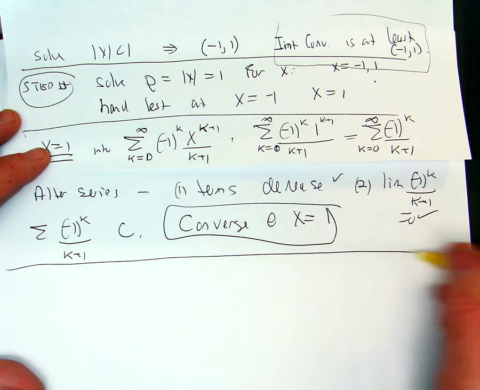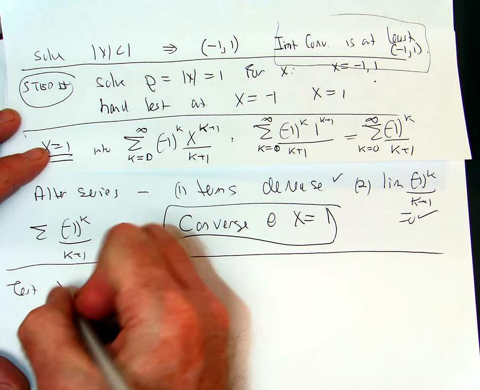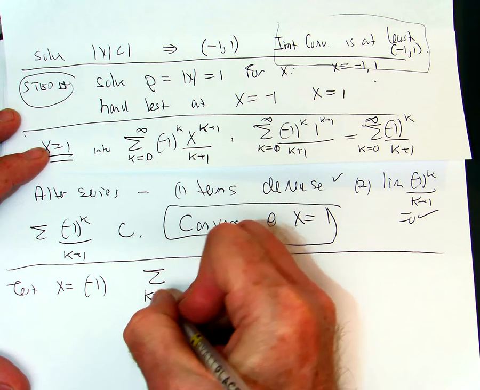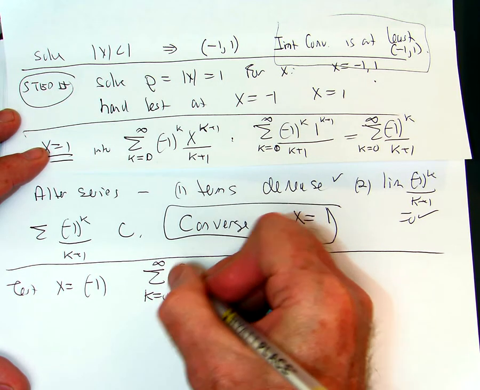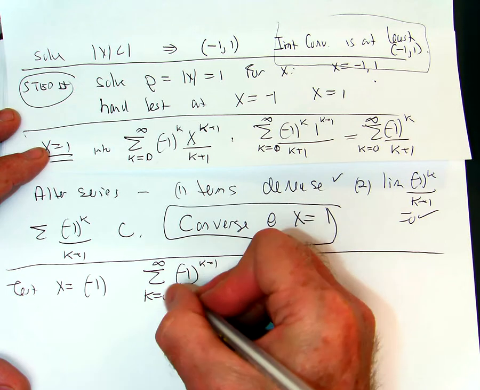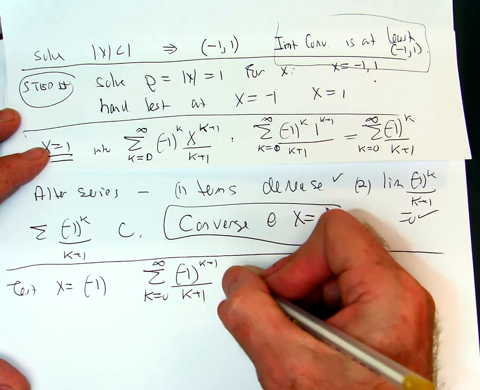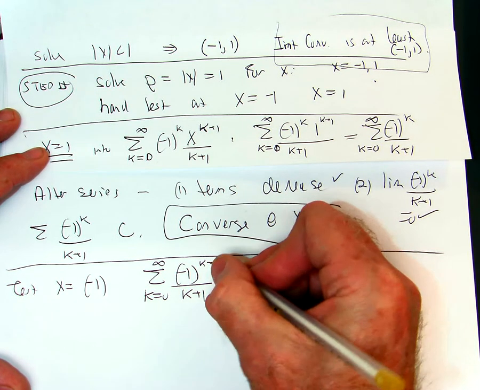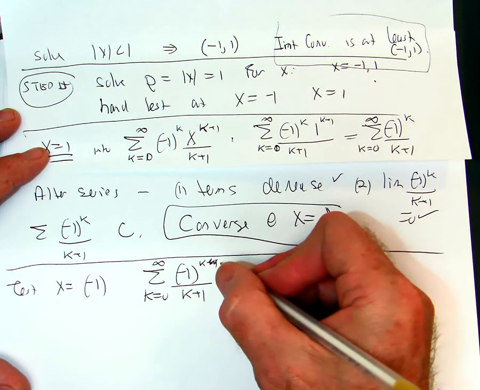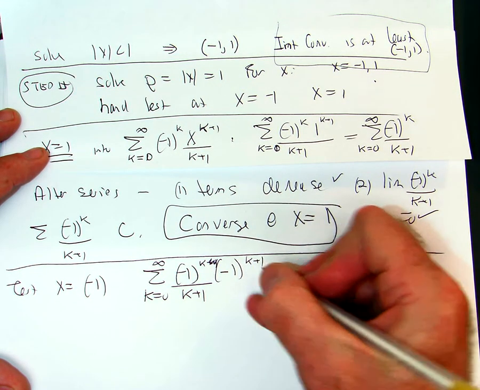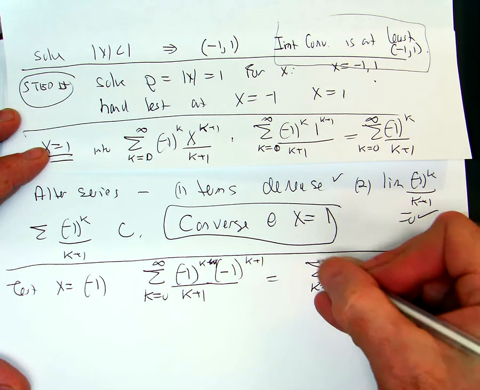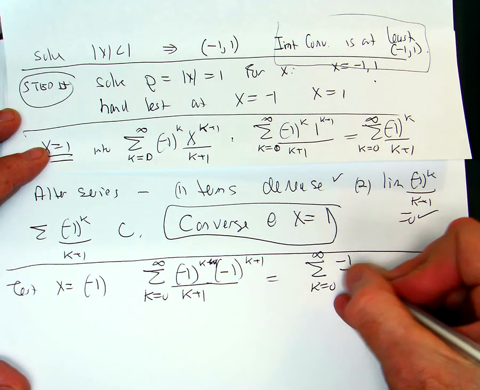So now I'm going to test x equals minus 1, which we've done before, but I'll do it briefly again. So I'm going to plug it into the series, this series right here. Sorry, it's minus 1 to the k from this, and then minus 1 to the k plus 1. We saw before that this is equal to minus 1 over k plus 1.